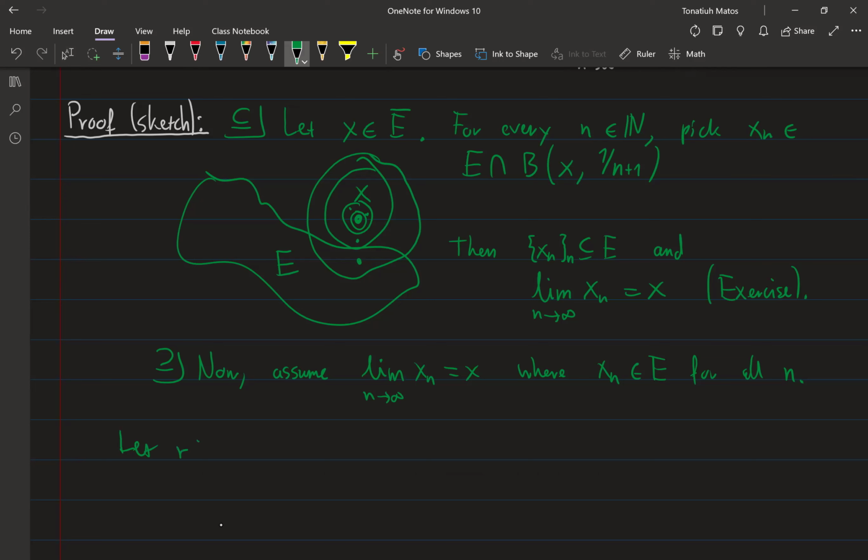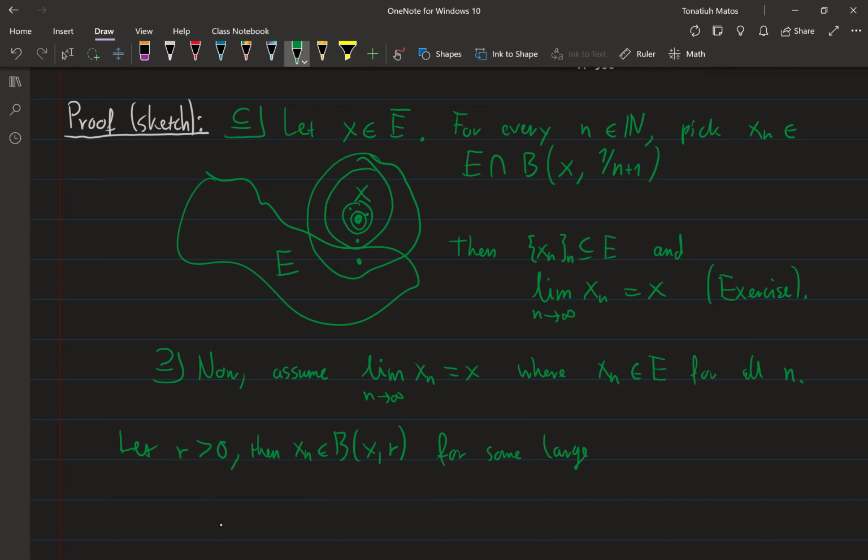So let R be a positive real number, and we consider the ball of radius R around X, and I have to convince you that this intersects E. But by the definition of limit, this must contain the entire sequence, right? This ball must contain a tail of the sequence. So then xn is inside the ball for some large n.